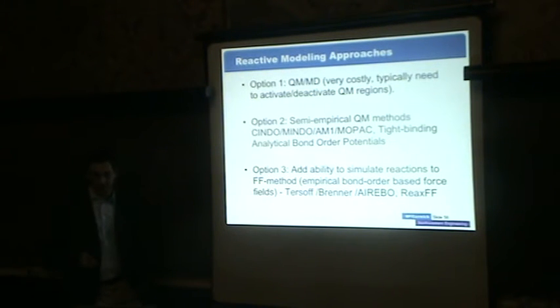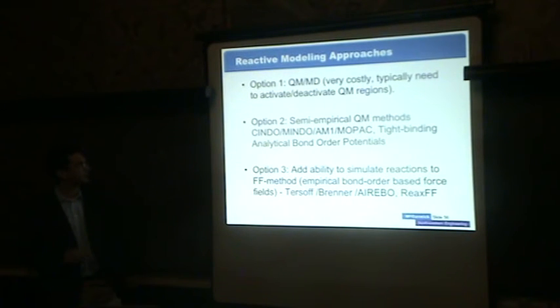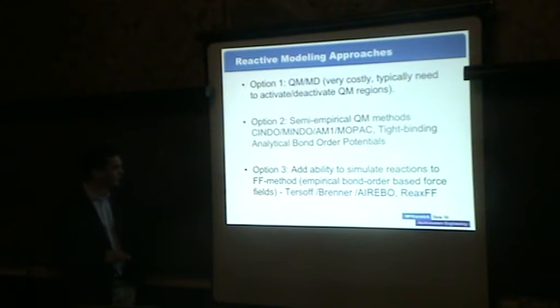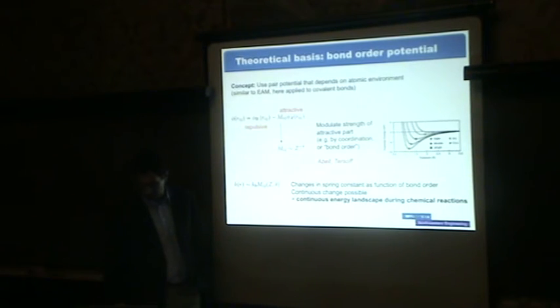And then there are some semi-empirical methods such as tight binding and so forth. And then the third is basically added abilities to simulate reactions with the classical force field method. So all of the simulations you've seen with carbon nanotube fracture or graphene fracture, these kinds of things, typically they have these reactive kinds of potentials, with covalent bonds breaking and changing states. And there are many different flavors, first of all Brenner, ReaxFF, some that come to mind.